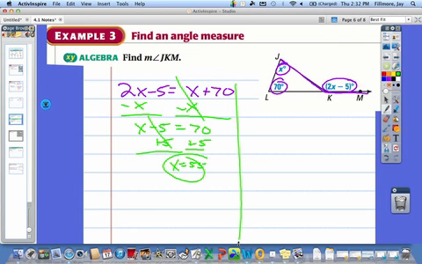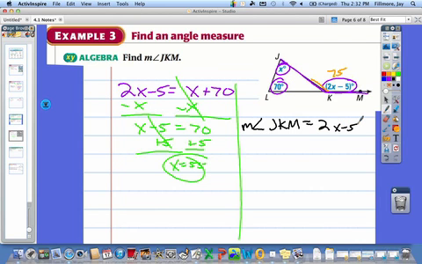If you would like to check this, hold on a second, is that correct? 2x minus 5 equals x plus 70, subtract x, plus 5. Oh, that's what x is. So you see I just caught my own mistake. We're not asked to solve for x, we're asked to solve for the angle. The angle is 2x minus 5.